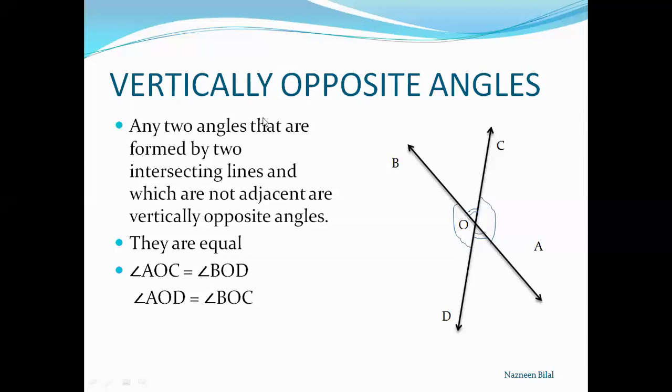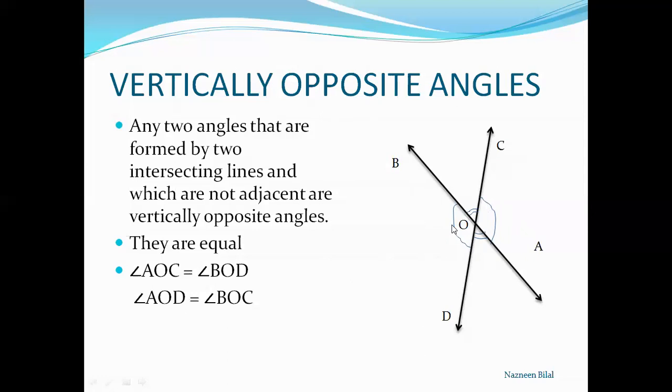Then we come to vertically opposite angles. Vertically opposite angles are formed when two or more lines intersect each other. So here, for instance, I have taken two lines AB and CD, which are intersecting each other at O. Vertically opposite angles are marked differently, either with a single arc or with a double arc.